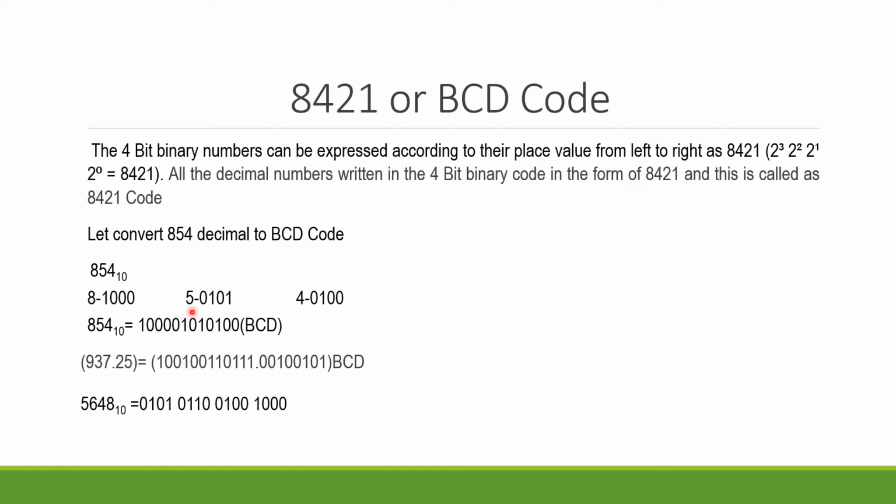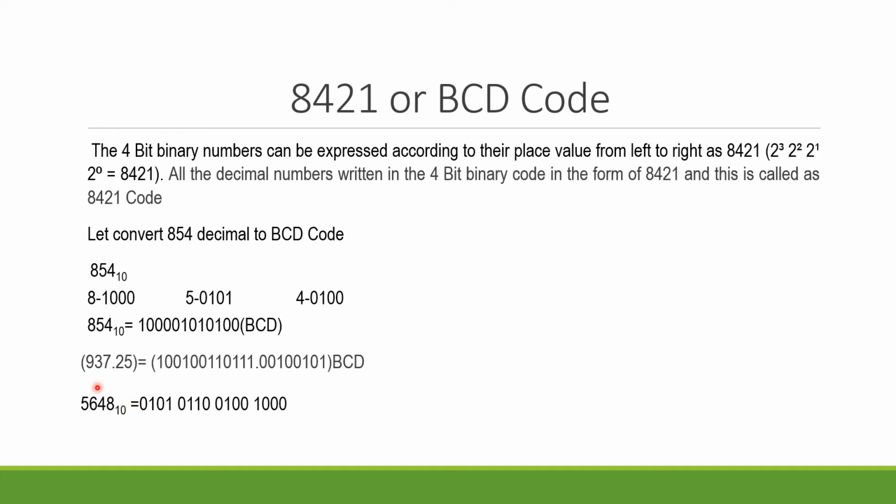Then 5 will be 0101. This is simply as we have done in binary numbers. For 4 it is 0100. So we are going to combine all these binary digits, and that is nothing but the BCD code for 854.